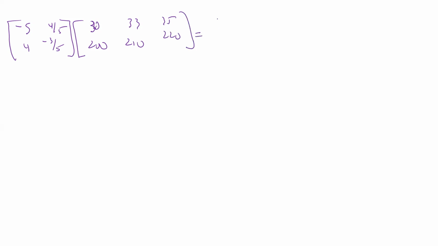So we have minus 5, 4/5, and then 4 and minus 3/5, times 30, 30, and then we had 200, and we had 33 and 210, we had 35 and 220. All right, so that's going to be minus 150 plus that, so that's going to give us 10. And then that's going to be 120, minus 120, so that's going to be 0.